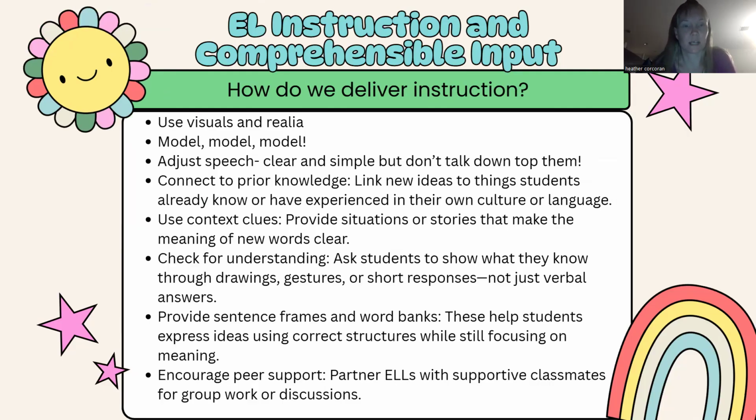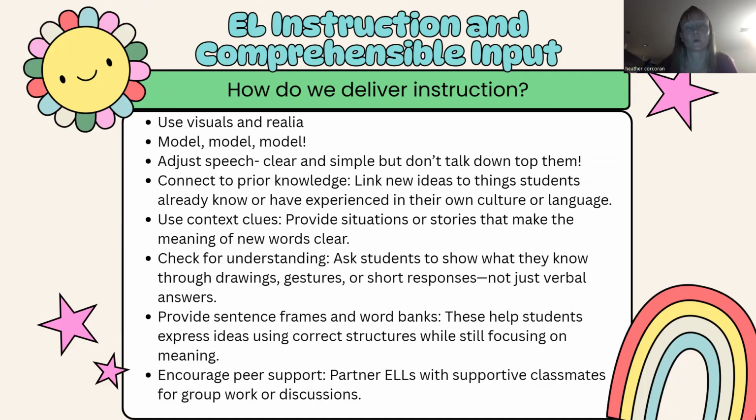So how do we do this in the classroom? As you can see, there are a lot of things that teachers need to consider when developing lessons through the lens of comprehensible input. The top three, I think, are the most critical things to plan for. The first is using visuals.